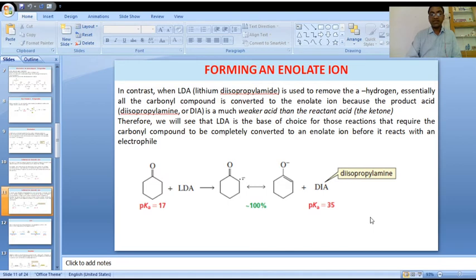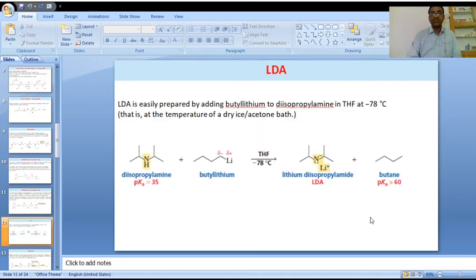Here, LDA catalyst formation, preparation of LDA.